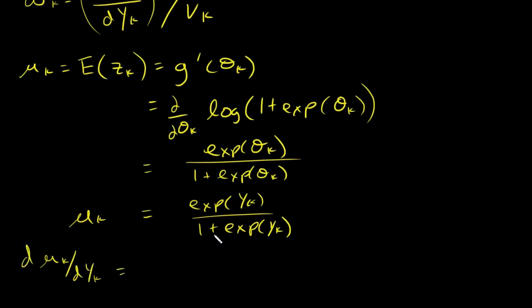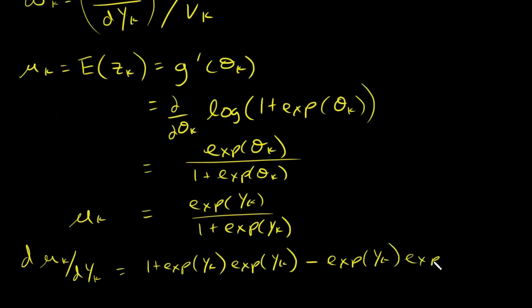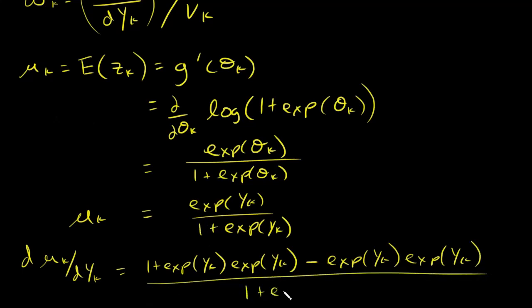All right, so now I just need to use my rule for how to find the derivative of a quotient, right? So I'll take the bottom times the derivative of the top, which will just be itself, minus the top times the derivative of the bottom, which the 1 will cancel, so I'll just get e to the power of yk, all divided by the bottom squared.